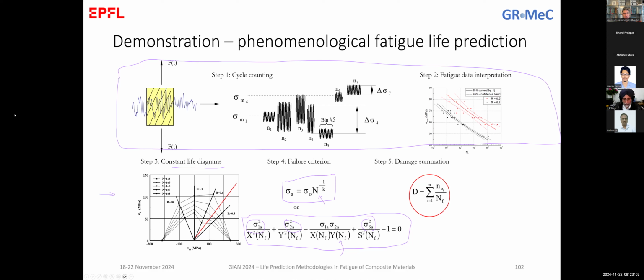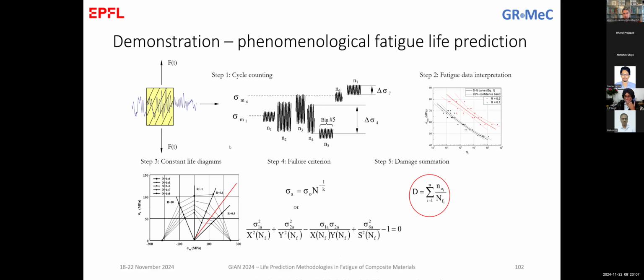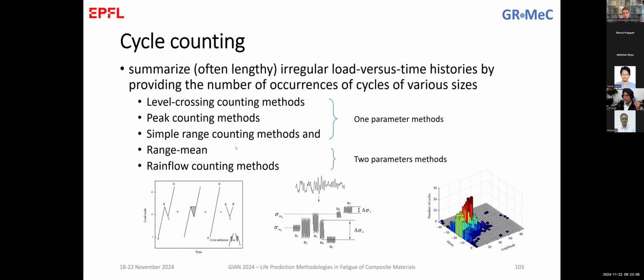So what I will show in the next slides is a kind of implementation of this theory to summarize these 4 or 5 days of fatigue life prediction of a composite material system. So coming back, discussing step by step, we have to do cycle counting.